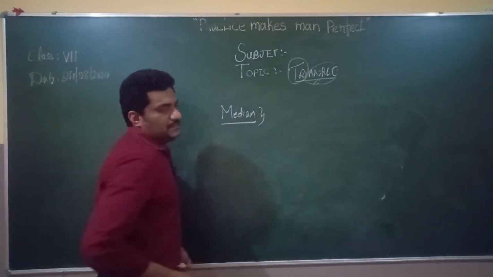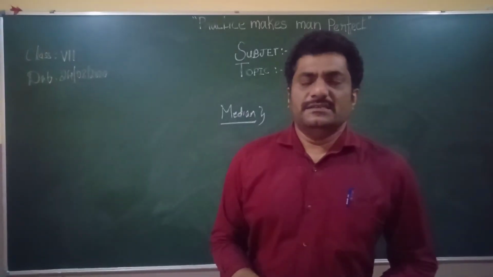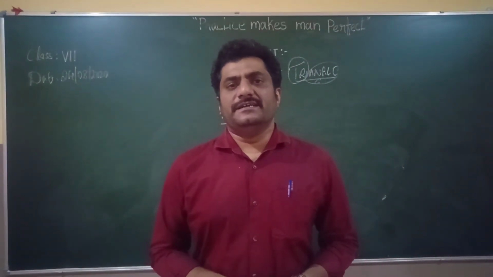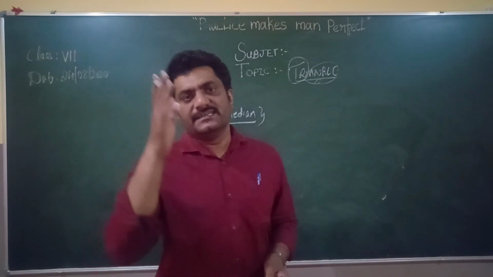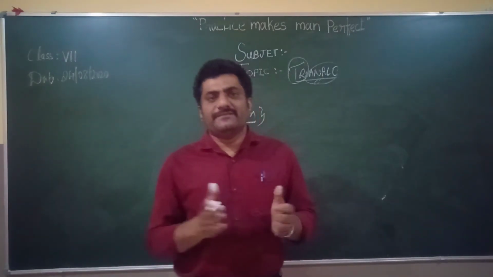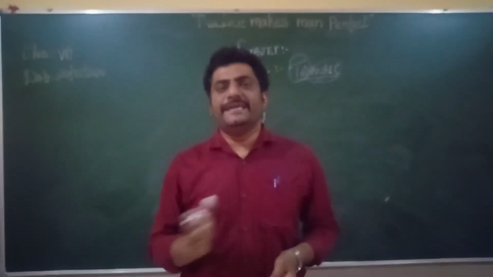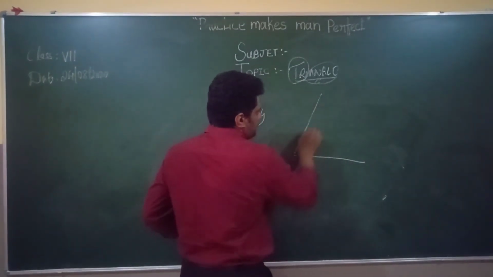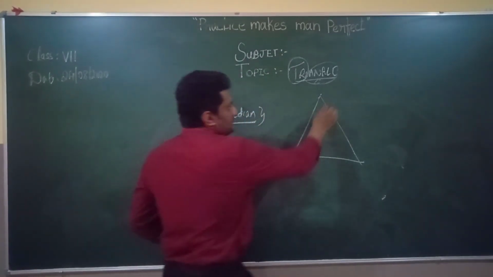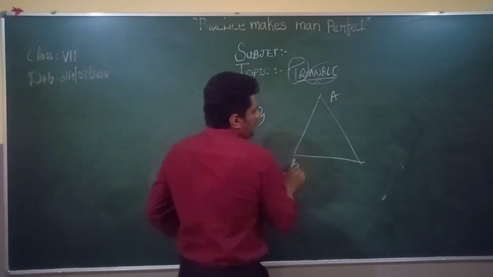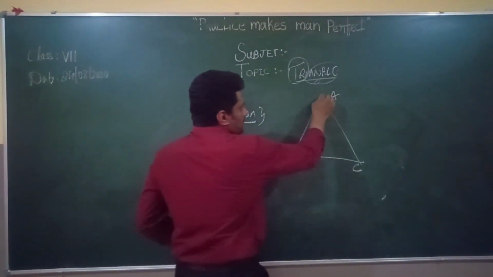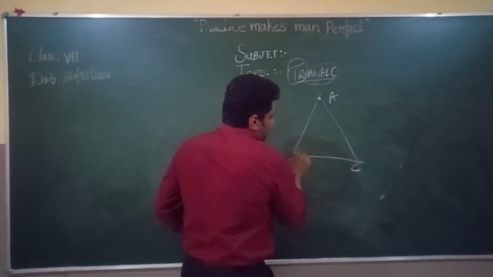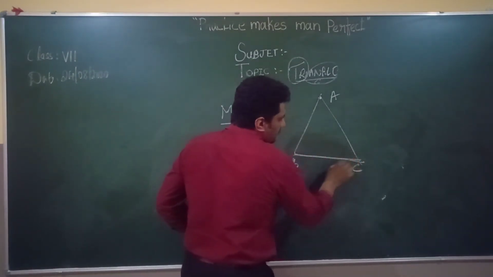Now there is one more term in a triangle: median. What do you understand by median? The median is a line that divides a triangle into two equal parts. For example, if I have a triangle A, B, C, from this point we need to know the midpoint of this side.